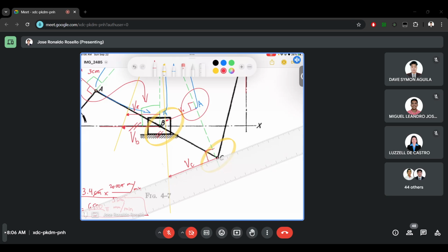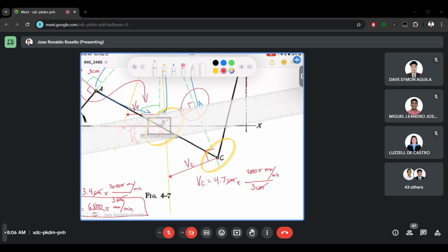Velocity C is 1, 2, 3, 4.7. So if velocity C is 4.7 centimeters, let's multiply it with the kV, which is for every 10 centimeters, we have 2000 pi mm per minute. Cancel centimeter, 9,400 mm per minute.